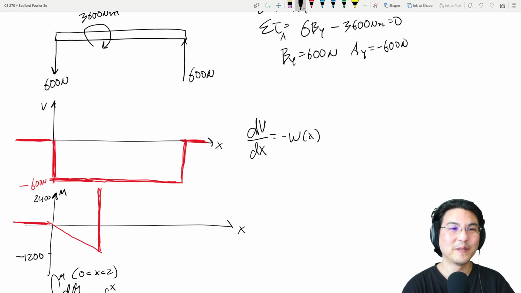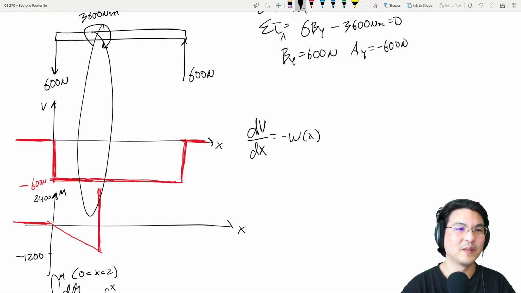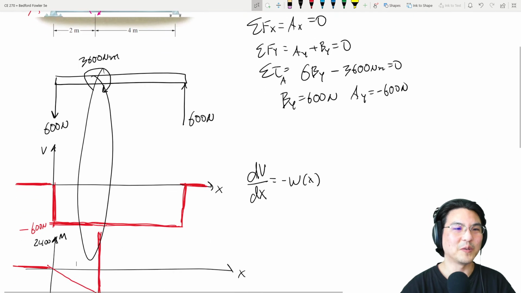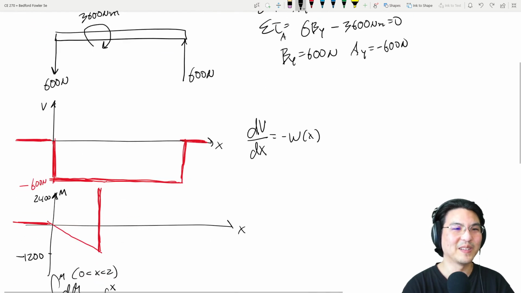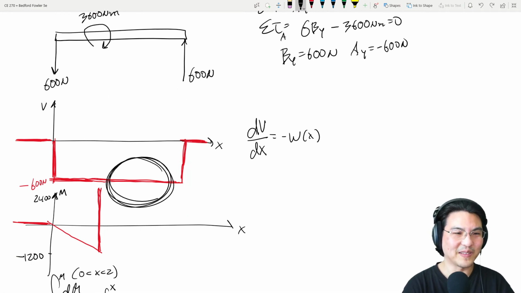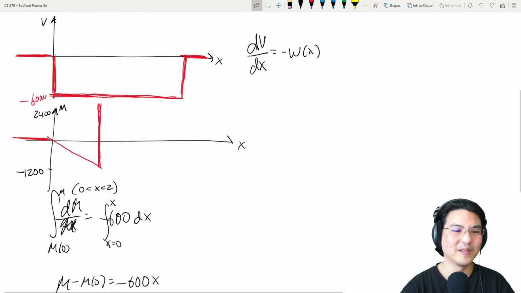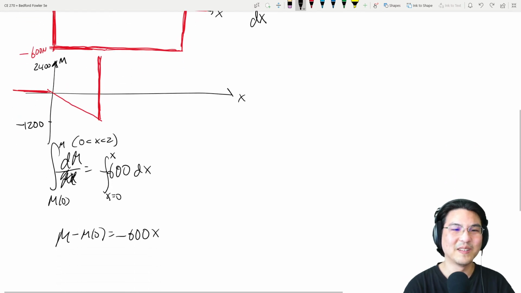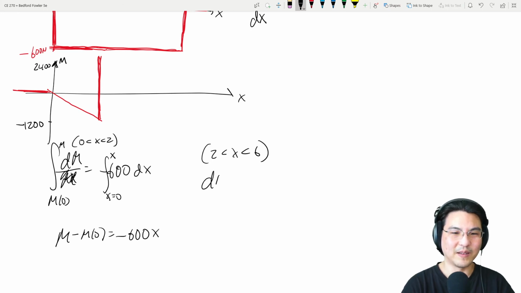Okay, and then between x equal to 2 and x equal to 6, from here to here, once again we have this shear. Let me jot that down. Between 2 and 6, dM/dx equals V, and that shear is still negative 600.